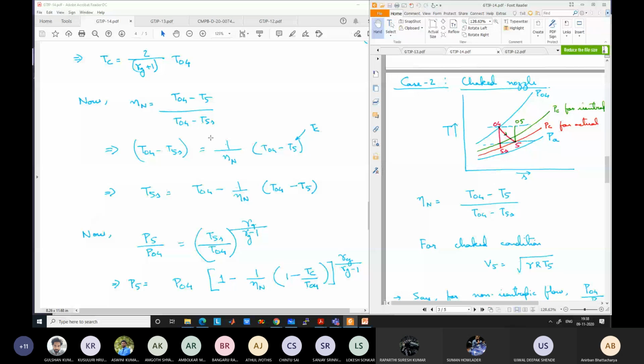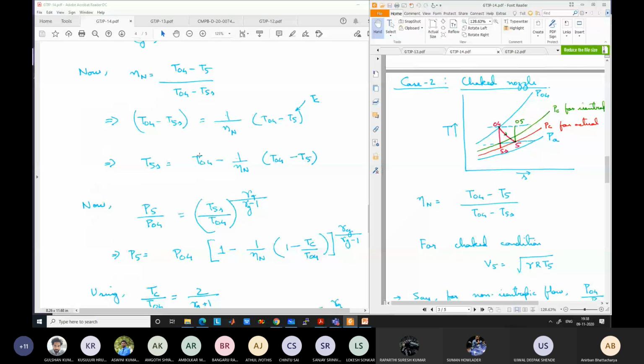All these parameters are known, and T5s is the unknown. Now in this expression you replace T5s. So P5 by P04 is equal to [T04 minus (1 by eta n)(T04 minus T5)] by T04. Ultimately it gives us P5 is equal to P04 into [1 minus (1 by eta n)(1 minus T5 by T04)], where T04 by T04 gives 1. T5 is the critical temperature, so you can write either T5 or T05.